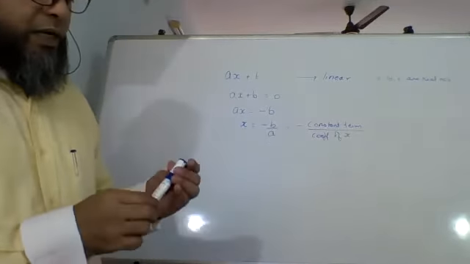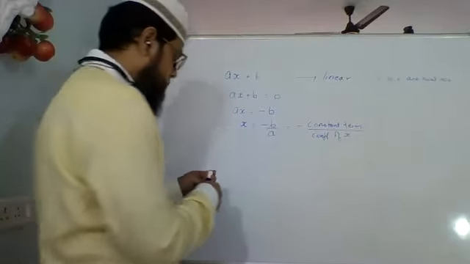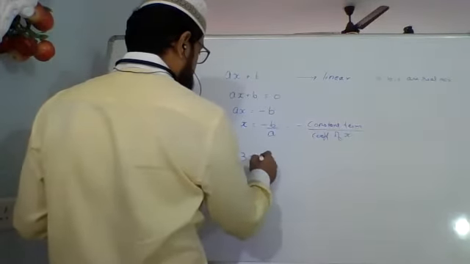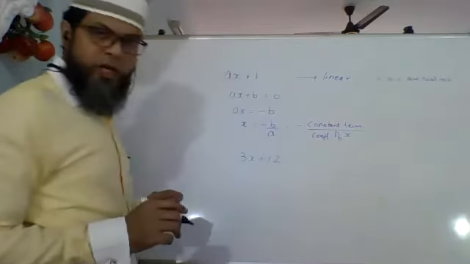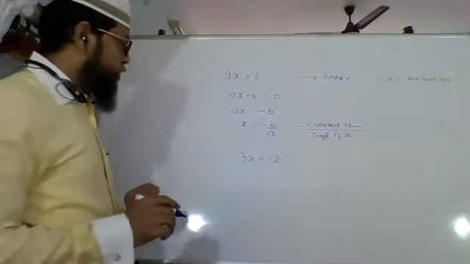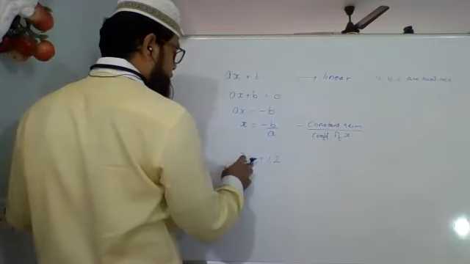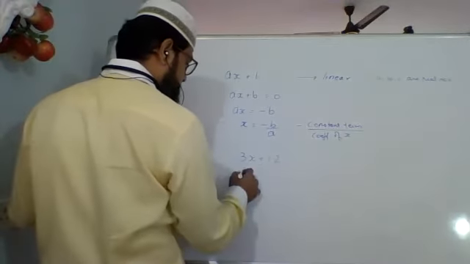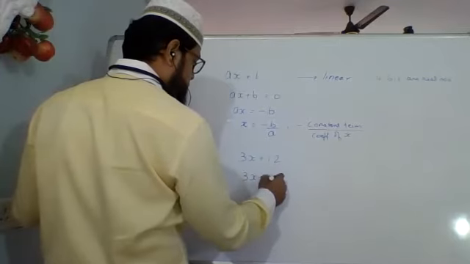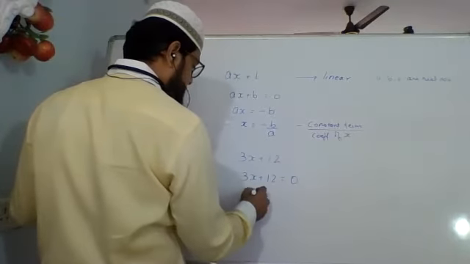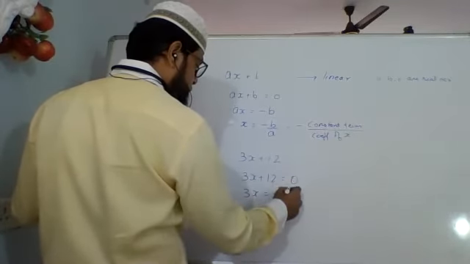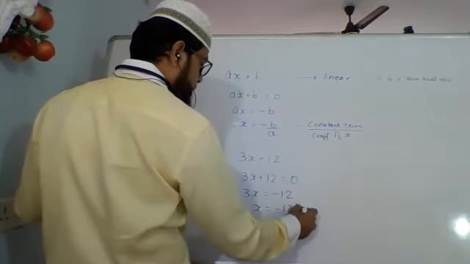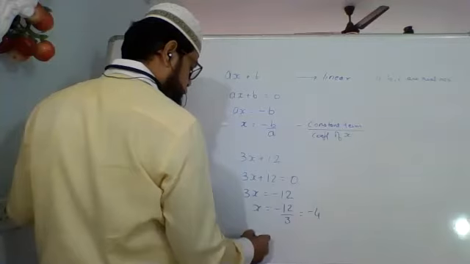Let's look at that example. 3x plus 12. If this is the polynomial, and if I want to find the 0 of this polynomial, or the value of x for which this polynomial returns value 0, so I'll say 3x plus 12 equal to 0, 3x equals minus 12, x equals minus 12 upon 3, which is equal to minus 4.